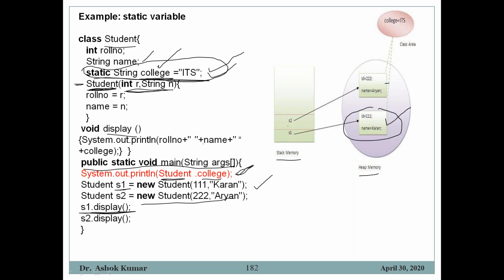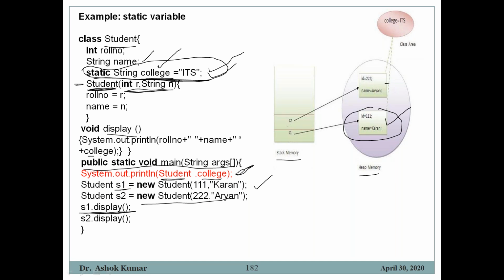In this we are printing the name and roll number. The roll number you will get first, 101, then the name of the student, Karan, and then the college, and college is your common area, so you will get ITS. Here we have another important point: a non-static method of the class can access static members of the class, that is, the class variable, also.